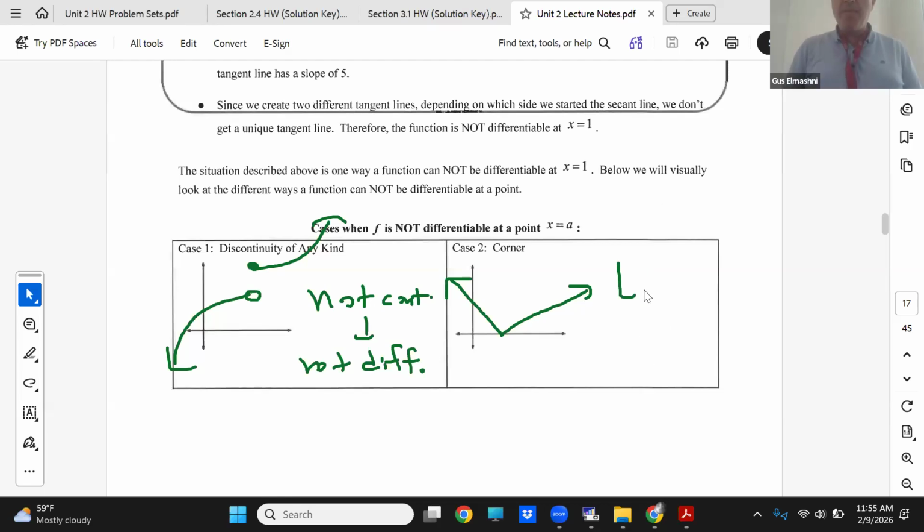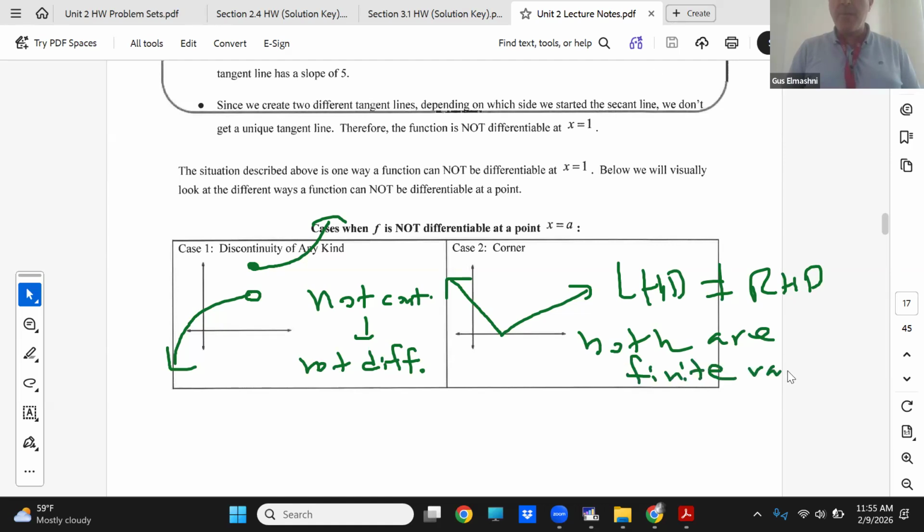Here, what happens is the left-hand derivative does not equal the right-hand derivative. Both are finite values, just like we saw in that one example where the left-hand derivative is 4 and the right-hand derivative is 5. So we have a corner. A corner happens when the left-hand derivative and right-hand derivative are not the same, but they're both finite values. Like maybe one side's 2, the other side's 3. One's like -2, one's like -5.